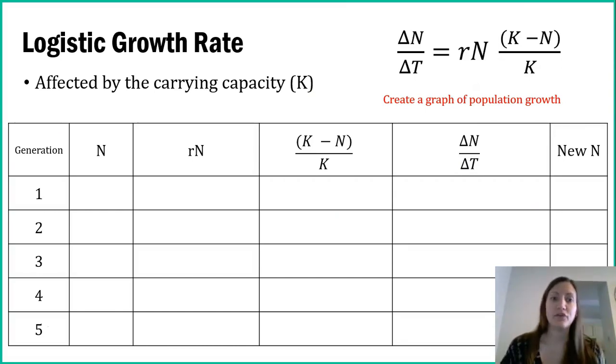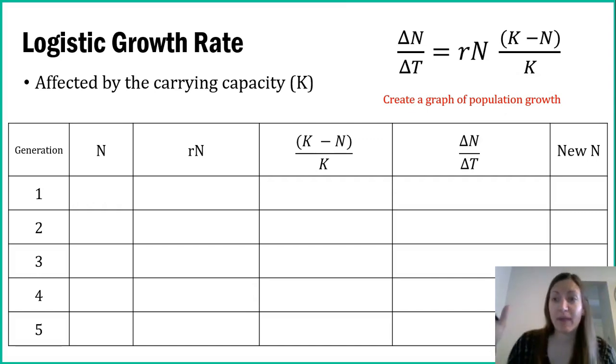All right, so here we have a new table, and this new table is for logistic growth. Again, I have added more columns than you actually need, but that's so that I can show every single step. As you get more comfortable with this, you can delete some of these columns and combine some of these steps together.